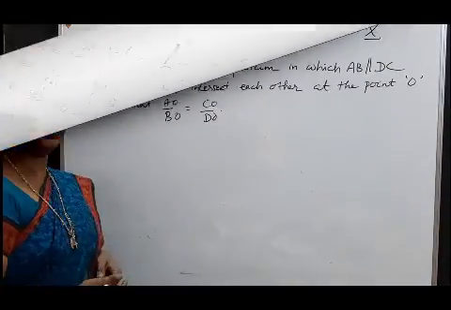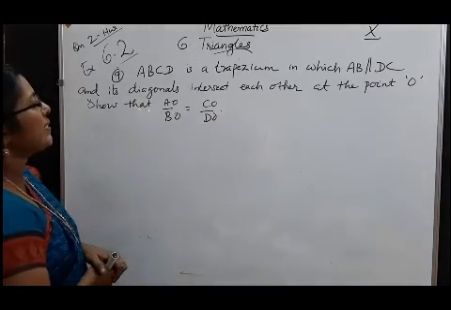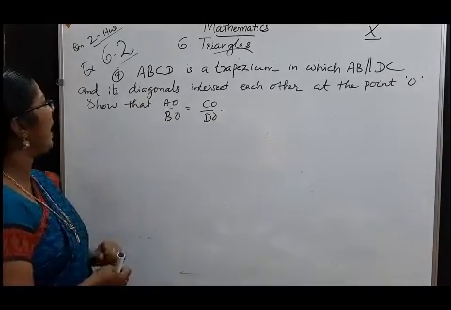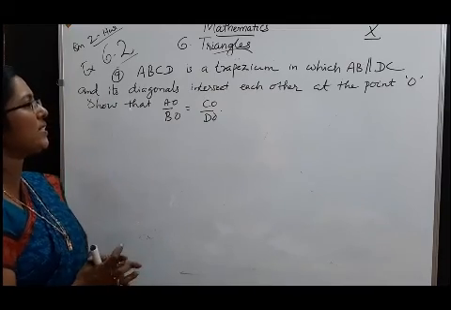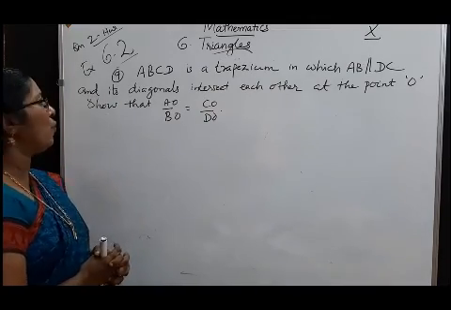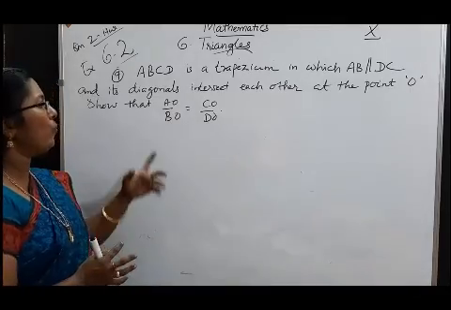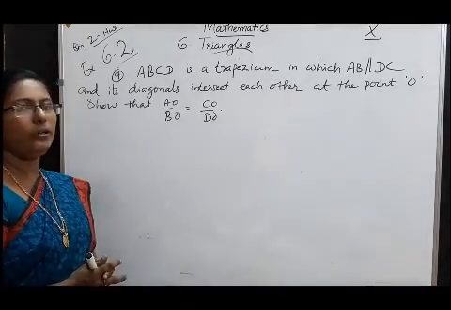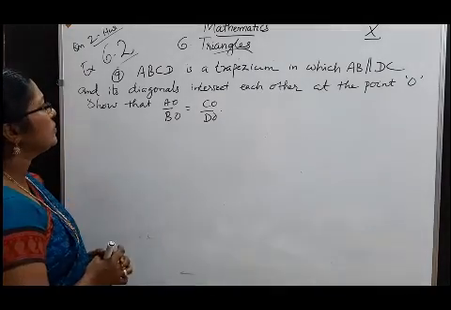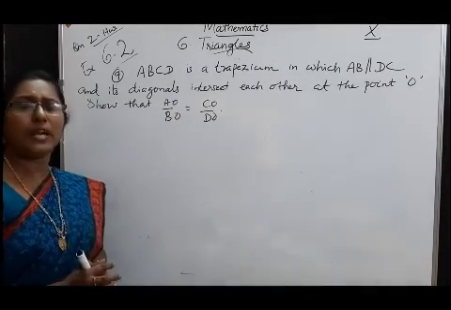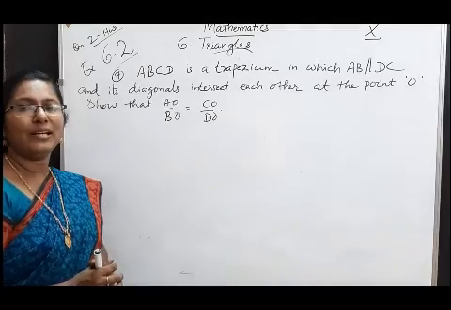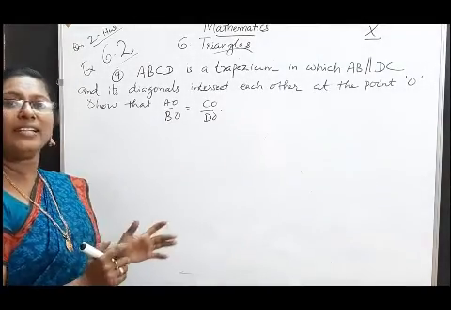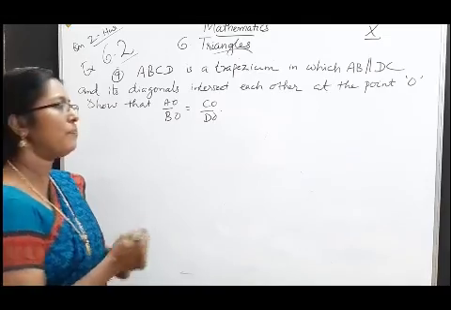Here the question: ABCD is a trapezium in which AB parallel DC and its diagonals intersect each other at the point O. Show that AO by BO equal CO by DO. What is a trapezium? A quadrilateral with a pair of opposite sides parallel.